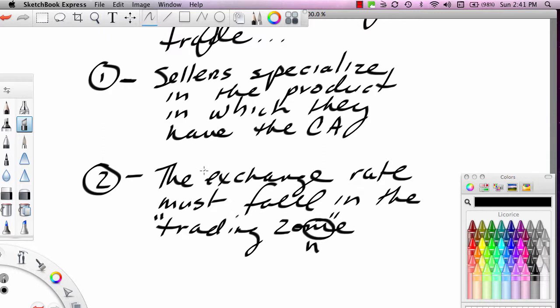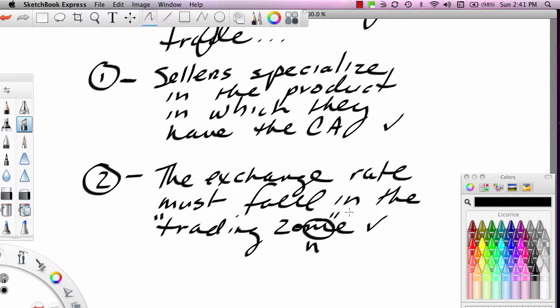Okay, and then of course any exchange rate outside that zone won't work. So these are two what we would call necessary conditions. The traders have to trade along the lines of their comparative advantage, and that is specialize. So one of the producers will have to specialize in tomatoes in our example, one will have to specialize in corn. That specialization needs to take place along the lines of the comparative advantage.